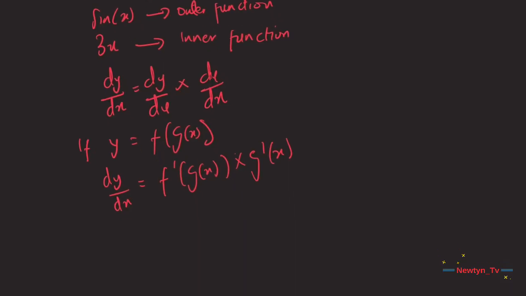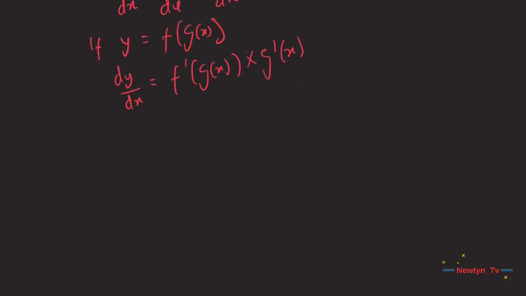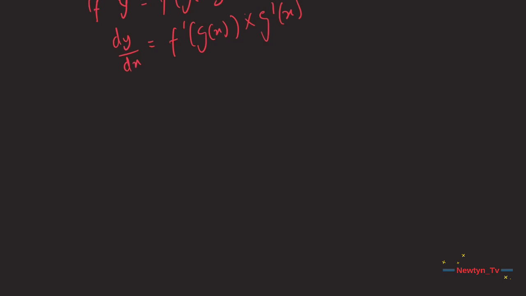Now let's start with this simple example. Let's say we have y is equal to (3x plus 2) exponent 5. The first step is that we need to identify the outer and the inner function.